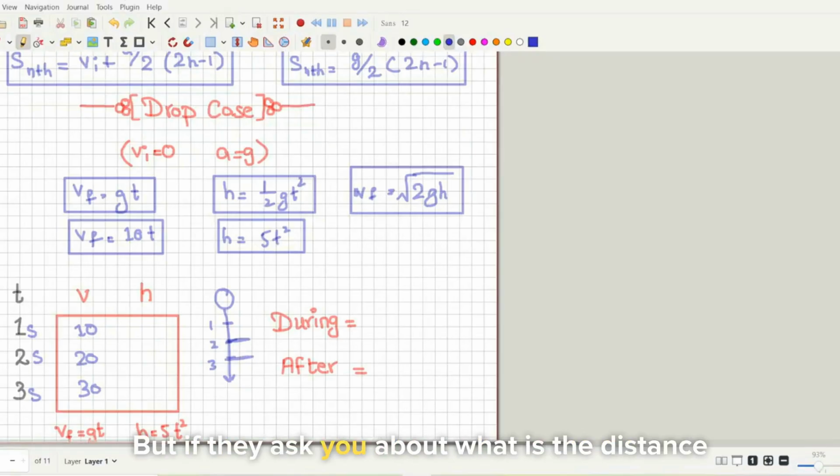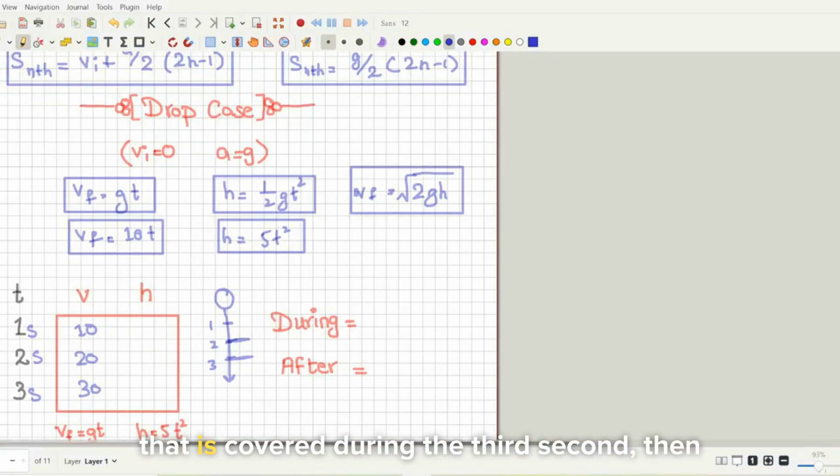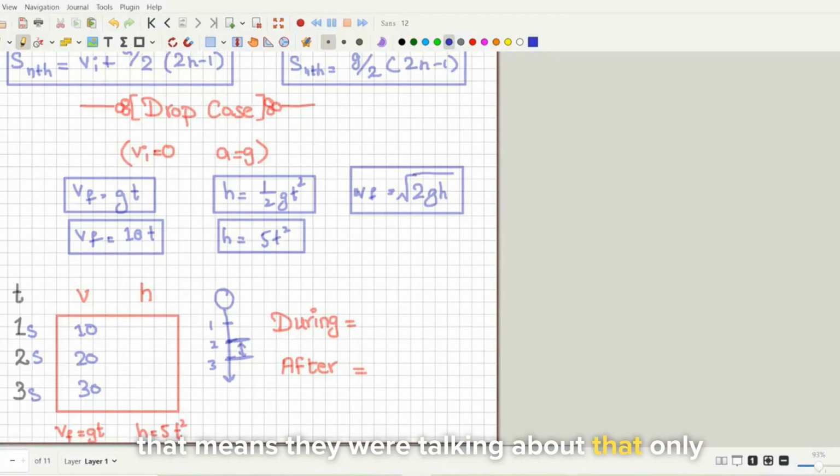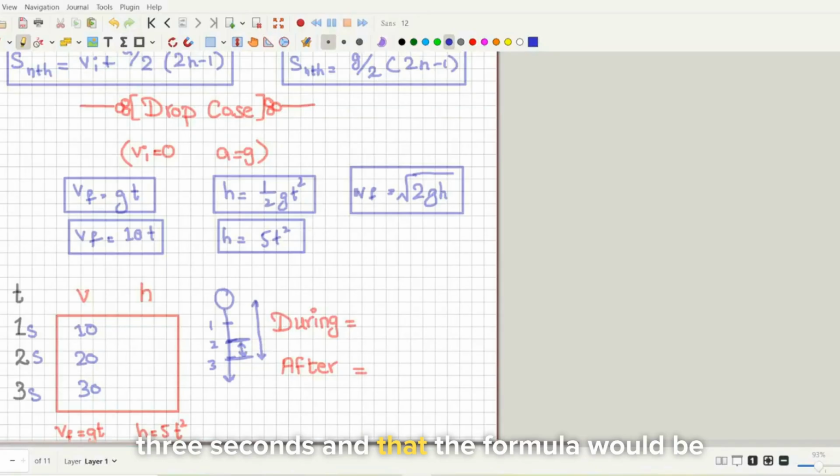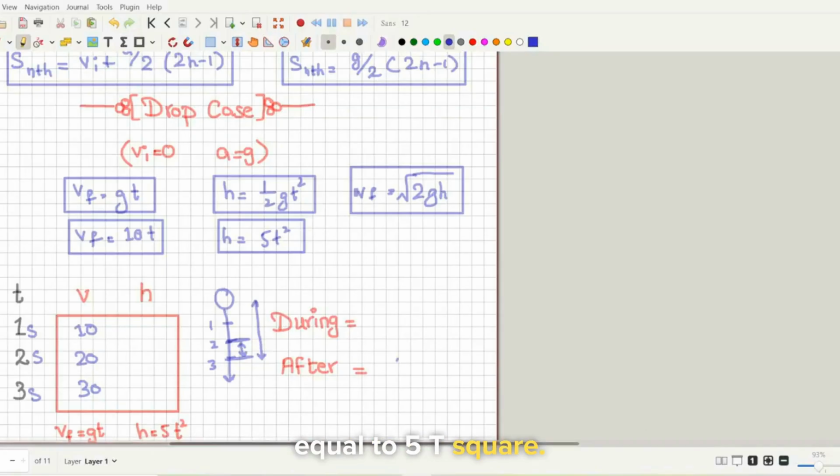But if they ask you what is the distance covered during the third second, then they are talking about only the third second. And if they talk about after 3 seconds, then they are talking about the whole distance covered during the first 3 seconds, and the formula would be 5t square. That is the formula for after 3 seconds.